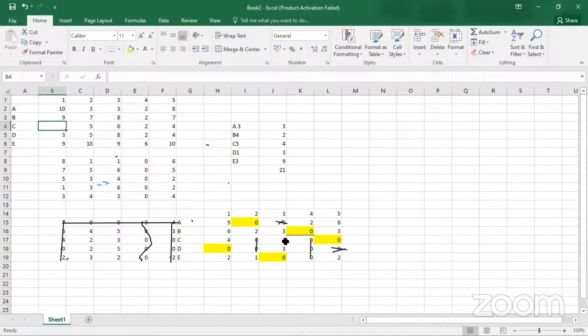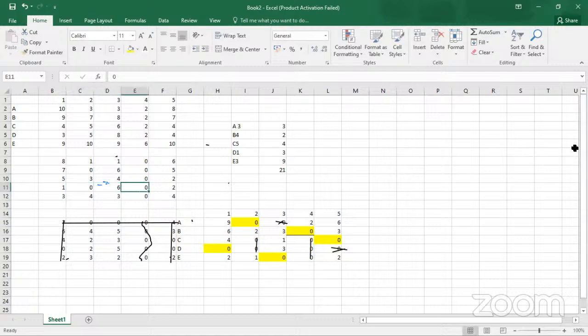One more thing is you can have multiple solutions also. I'll tell you how that will be. I'll draw some numbers here. In this matrix, suppose I have a 0 here, 0 here, 0 here.